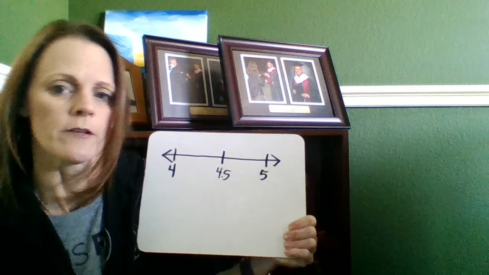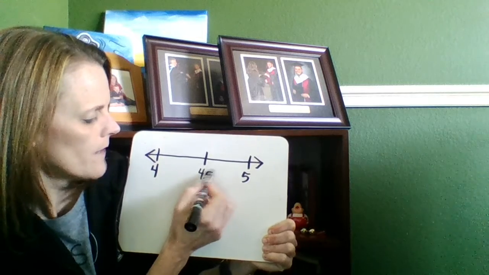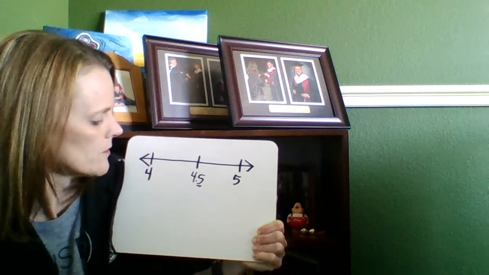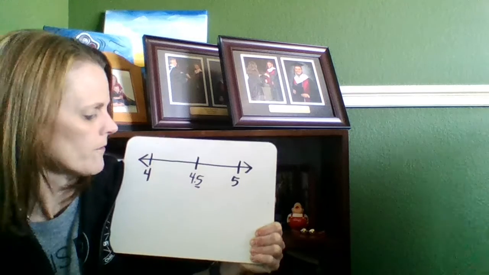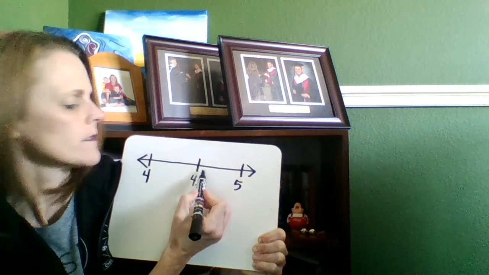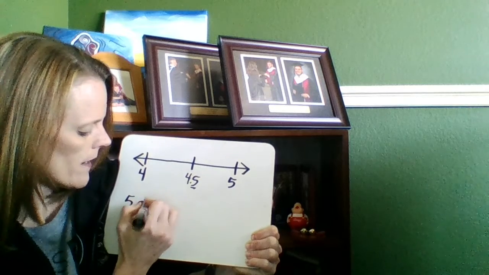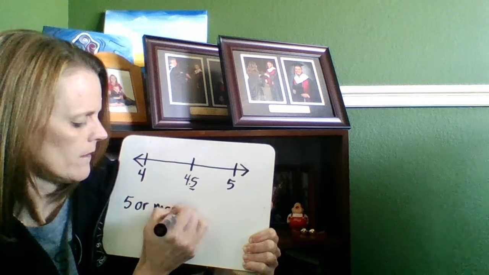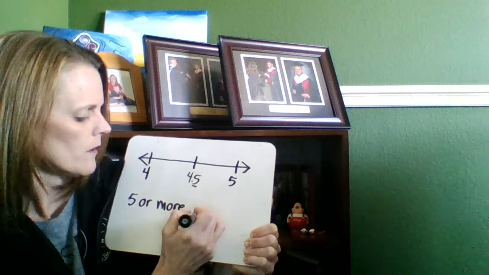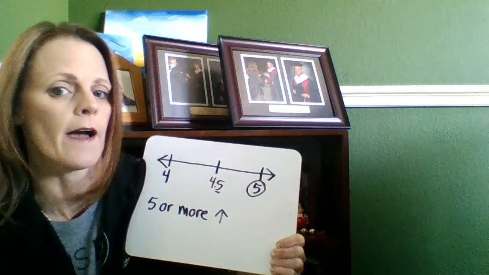So here's your rule to remember. This right here, this 5/10, is what's going to help us know to round to the 4 or the 5. If it is at the halfway point or more, 5 or more, I'm going to raise it up to the next number, which would be the 5.